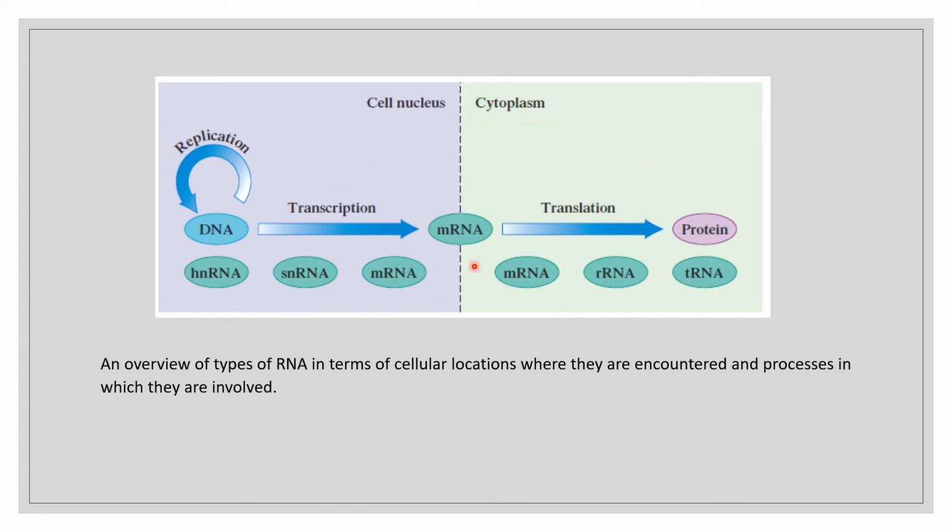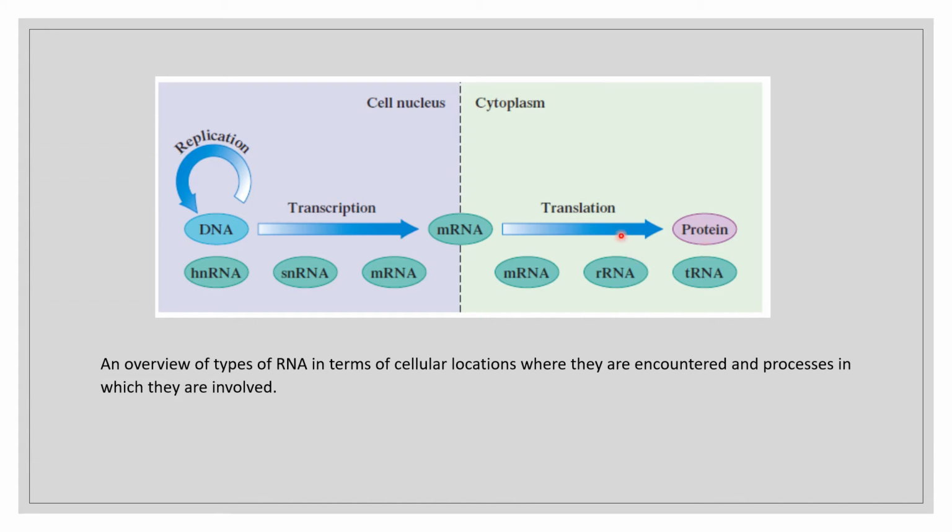As you can see, DNA replication is found in the nucleus, also the transcription, then on the boundary between the nucleus and the cytoplasm, we have the mRNA. And the translation process occurs in what? In the cytoplasm to produce the protein.